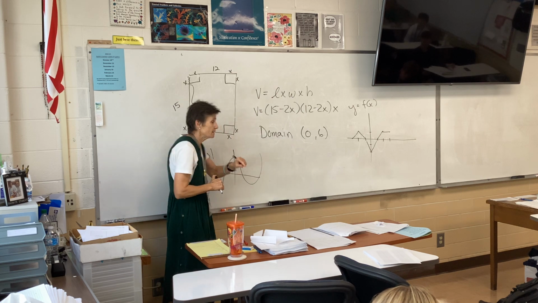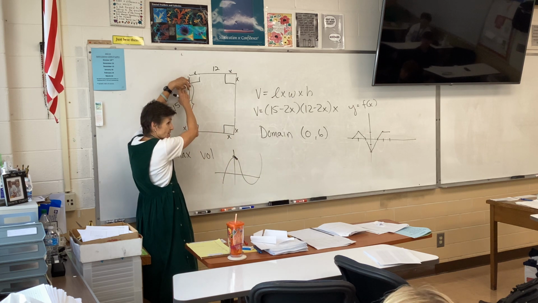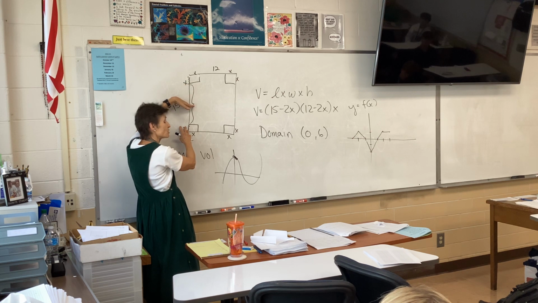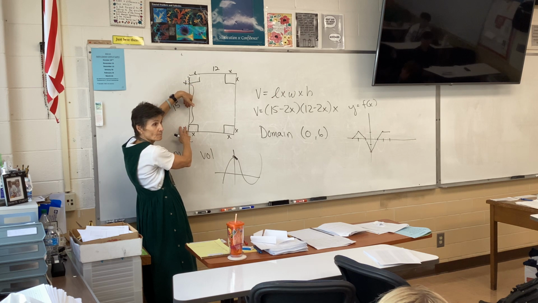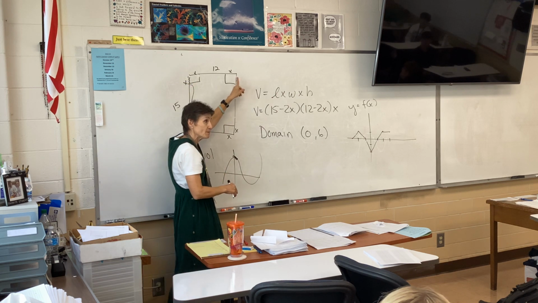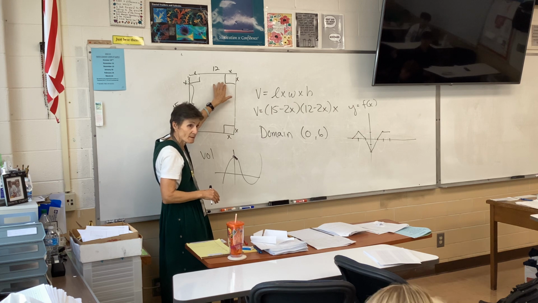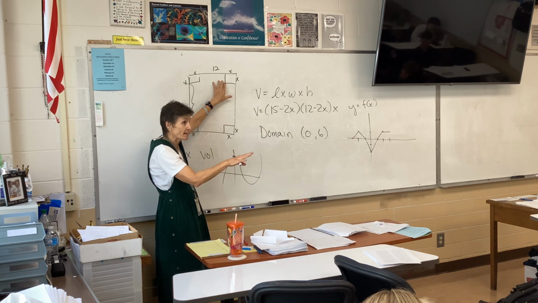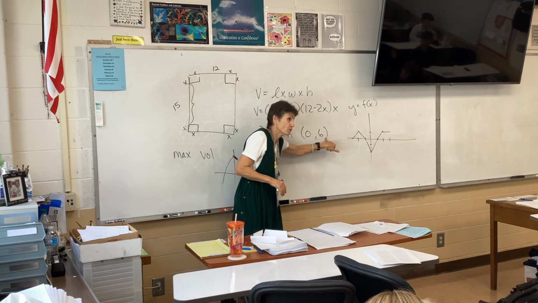Now notice, I didn't use this dimension. Here, the biggest I could cut off would be 7.5. But I can't do 7.5 on this side, so I always look at the smallest dimension.